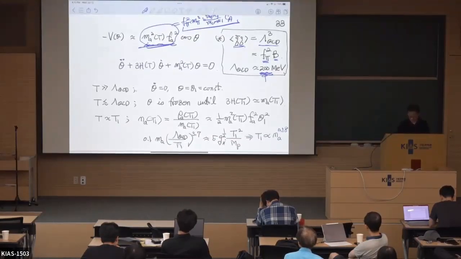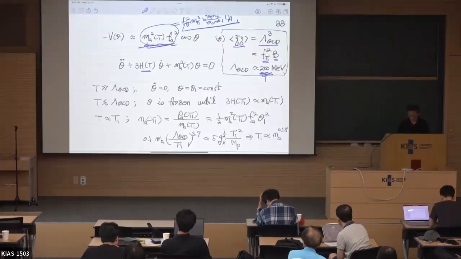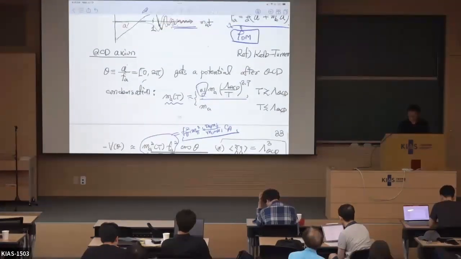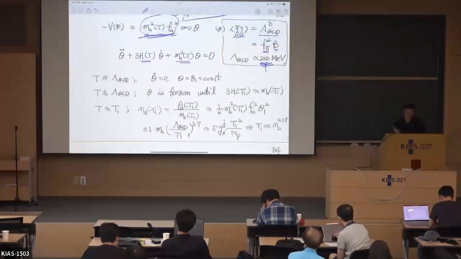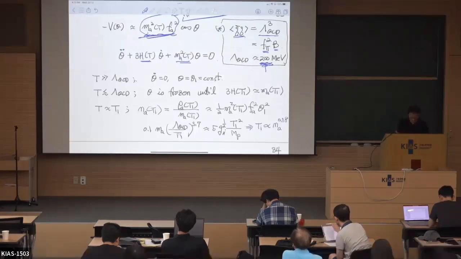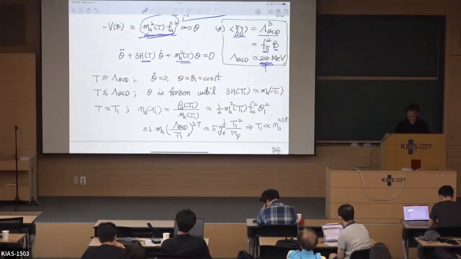Then again, the theta evolution equation in the expanding universe. Now, we know H as a function of the temperature is proportional to T squared, and then m_a squared of T has this complicated expression. So the evolution is like this. At a very early temperature, T much larger, there was no QCD condensation, so no potential for the axion.